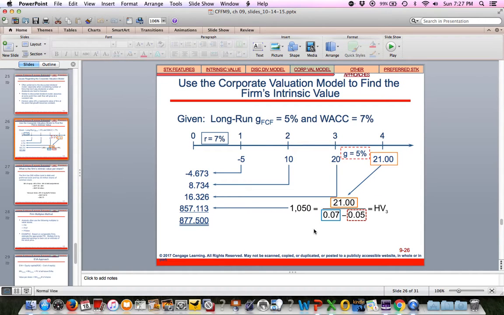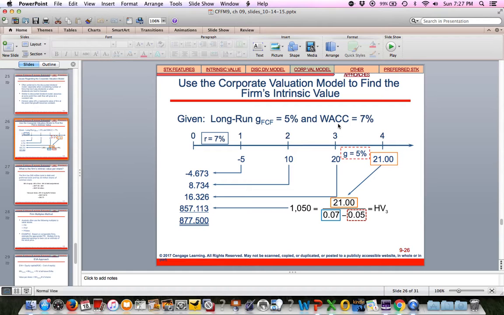And so right here is just an example of the timeline of cash flows for a company. It says use the corporate valuation model to find the firm's intrinsic value. And so we're going to go with a required rate of return of 7%. We're going to, at some point here, go to a constant growth of 5%.